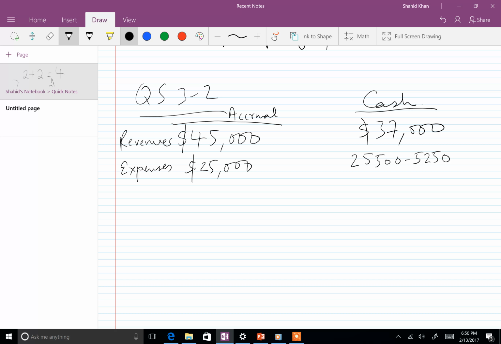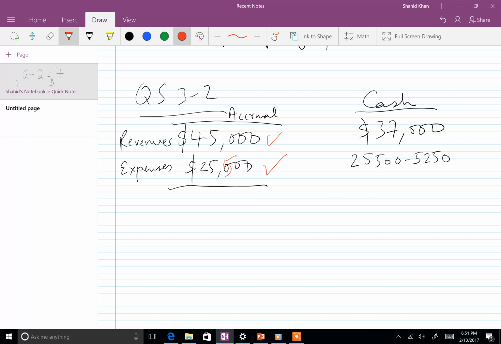So I'm looking at these numbers. I'm just putting it down for you to repeat, and for those students who still haven't got it. As far as the accrual is concerned, we are okay now, because we have the revenues which have been earned, right? This top figure, and the expenses which have been incurred is 25,500.